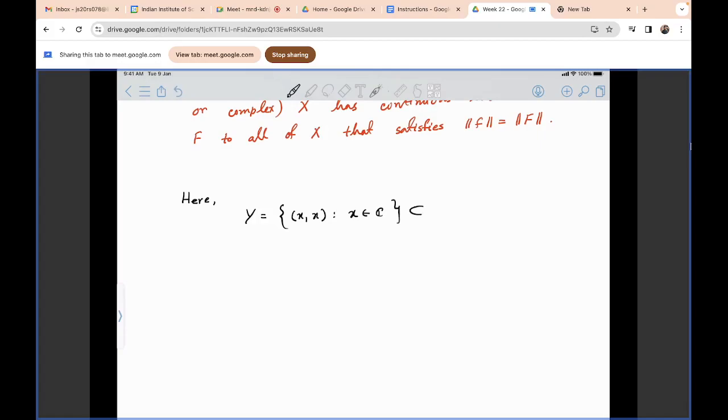This is a subspace of C2 with the L infinity norm. What is the L infinity norm? Suppose this is x1 and x2. The L infinity norm is the supremum of |x1|, |x2|.